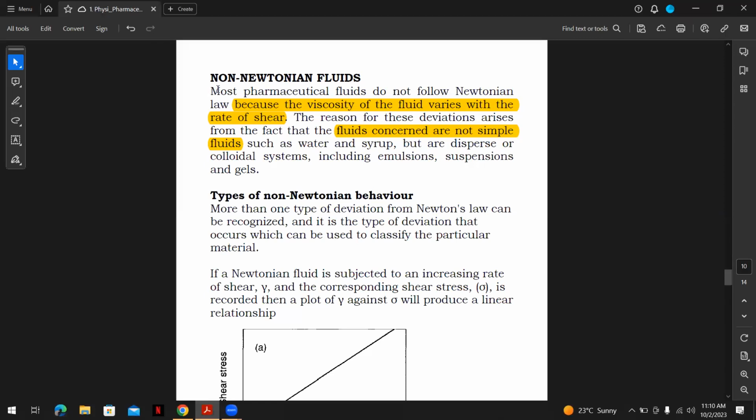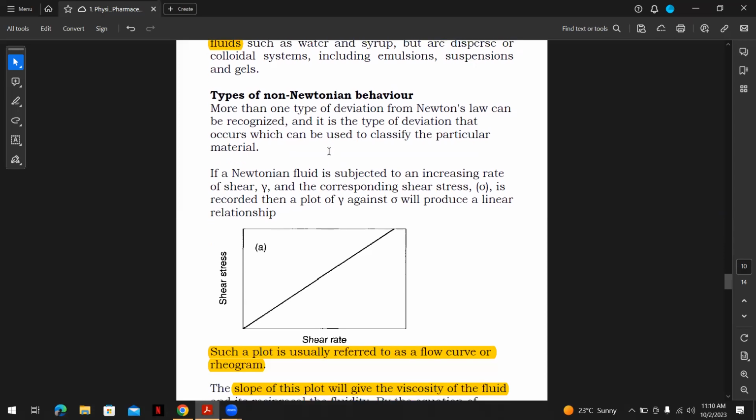From the introduction, most pharmaceutical fluids do not follow Newtonian law because the viscosity, which we said is the resistance to flow, varies with the rate of shear. Most of the fluids used are not simple fluids like water and syrup. They are dispersed or colloidal systems, emulsions, suspensions, and gels.